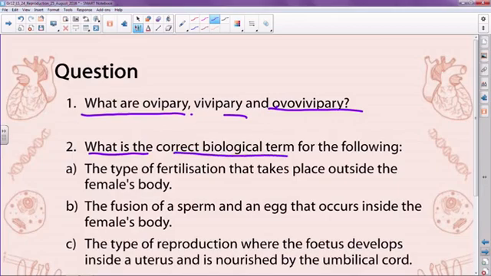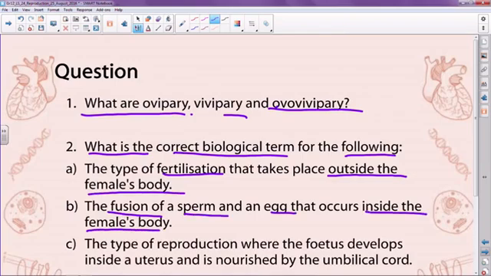Next one: what is the correct biological term for the following? The type of fertilization that takes place outside the female's body. I've given you stuff that we should remember from last time. Next one: the fusion of sperm and egg that occurs inside the female's body.